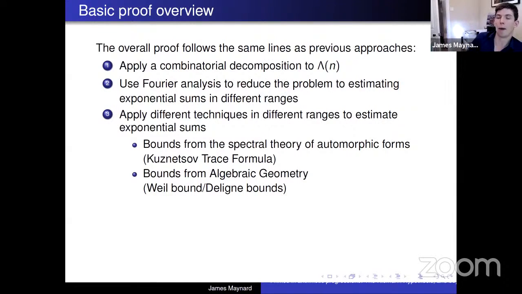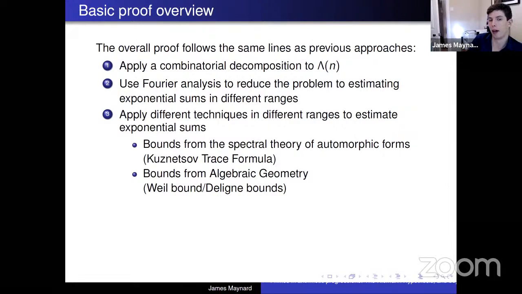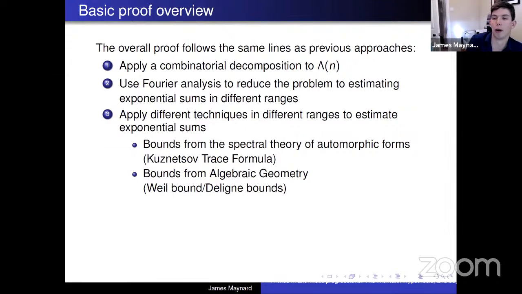So one big set of techniques comes from the spectral theory of automorphic forms and ideas coming from the Kuznetsov trace formula, in particular the pioneering work of Deshouillers and Iwaniec.